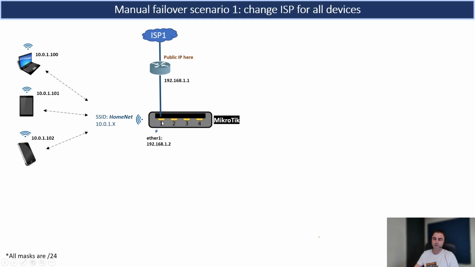The Ether 1 is the so-called internet port, the predefined internet port in the MikroTik. What is very important here in this picture is that there is another device, another router, and this router is provided to me by my ISP because I have fiber optic connection on this side and I have a LAN cable on this side.